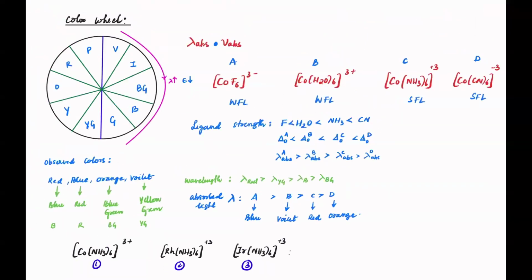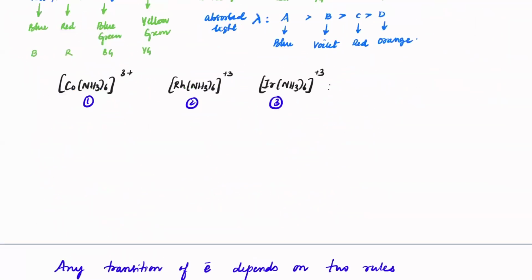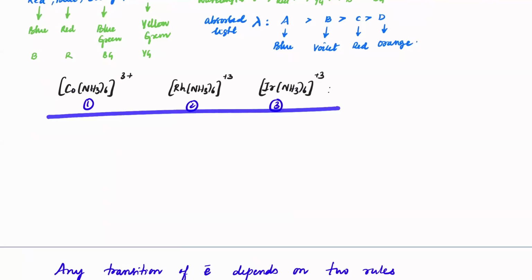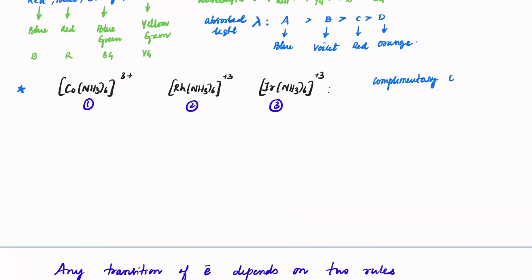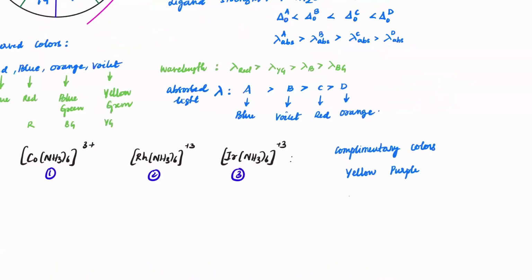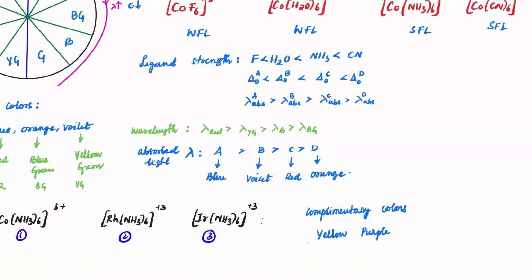Done. Same thing. What if I give you this next question, and imagine I found three complementary colors. The complementary colors I found are yellow, purple, and let's say green.